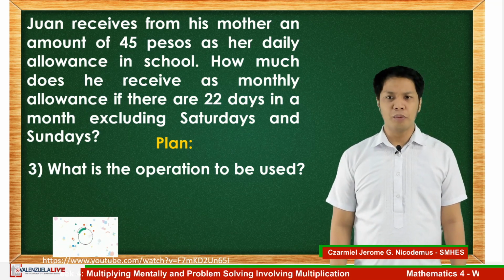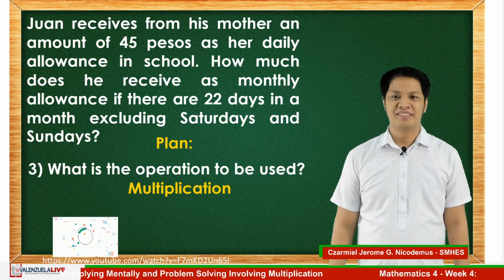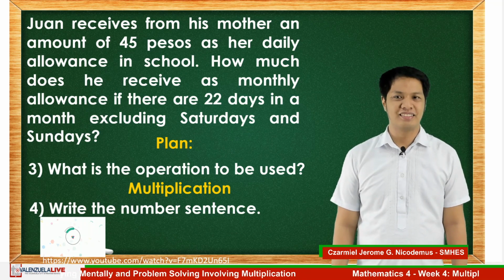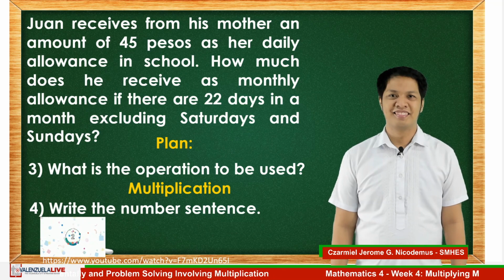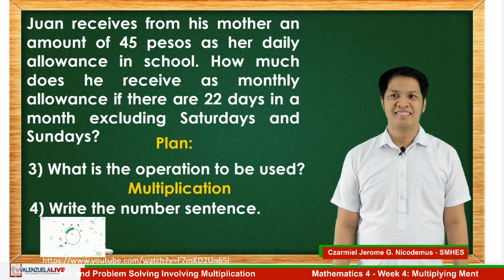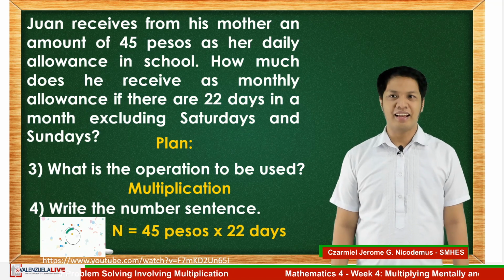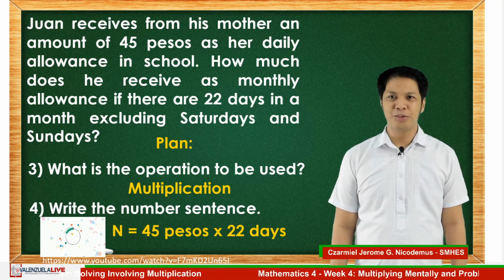The operation to be used is multiplication. Number 4, write the number sentence. The number sentence is N equals 45 pesos times 22 days.